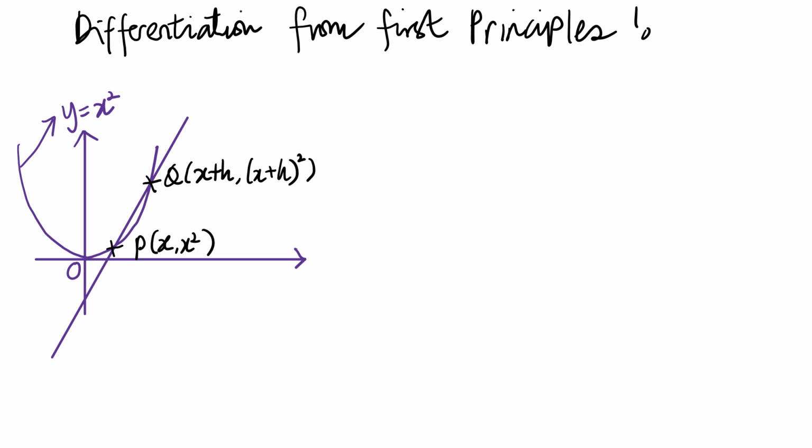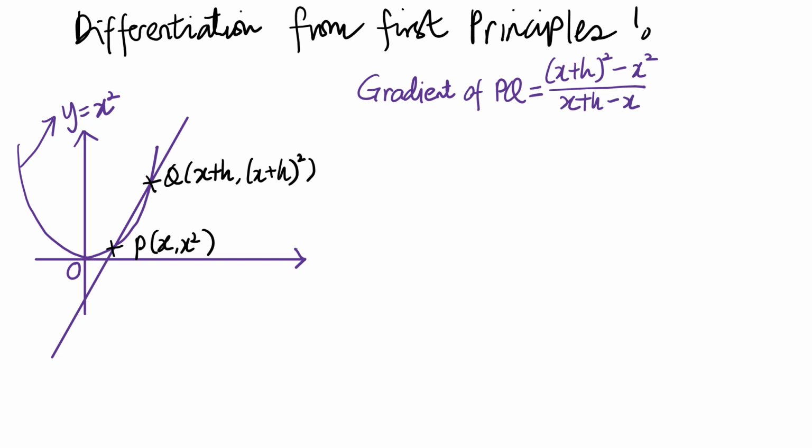Let's see what happened. How do you find the gradient of PQ? The gradient of PQ will be y2 minus y1 over x2 minus x1. Then you simplify further. You expand (x plus h) squared.